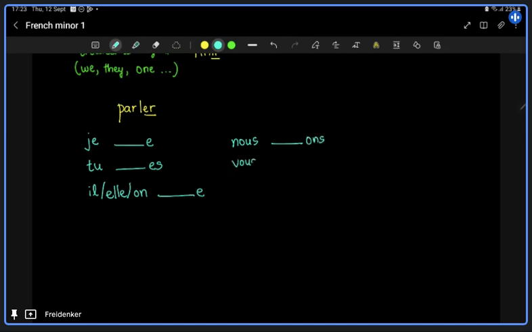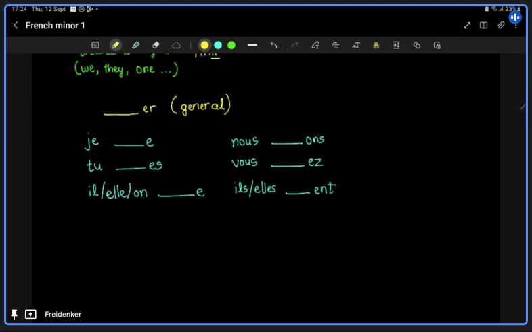You replace er with ez. You replace er with ent. So this is for any er ending verbs. This is a general rule. It's not 100%. It will not always work. Like 99% it will work, but there'll be those 1% cases where it won't work.